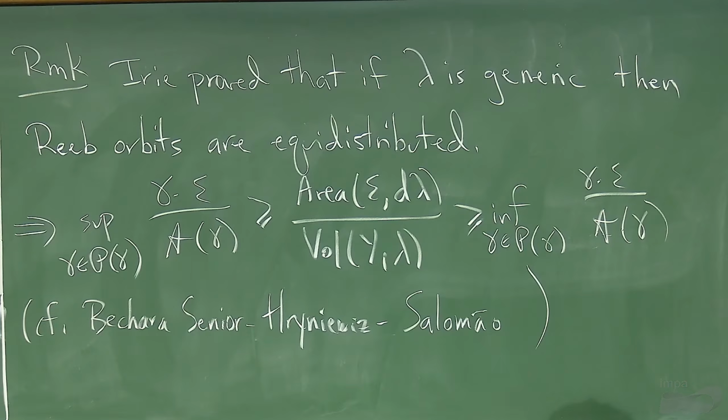So the upshot is that if lambda is generic, then my theorem follows from known results. The non-trivial thing that I'm claiming is that the statement holds without assuming any genericity of lambda. Okay, are there any questions about the statements?